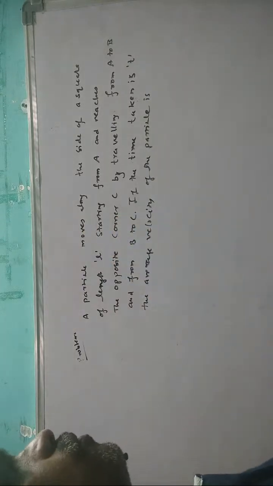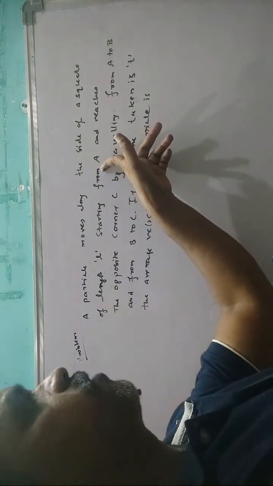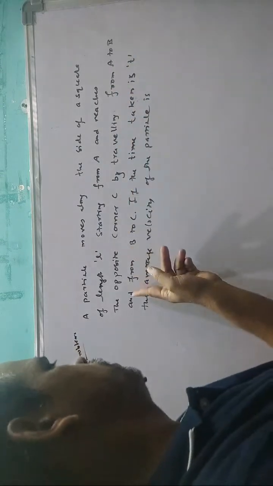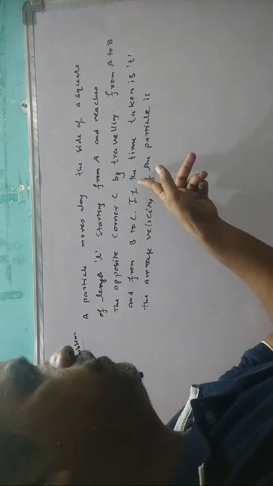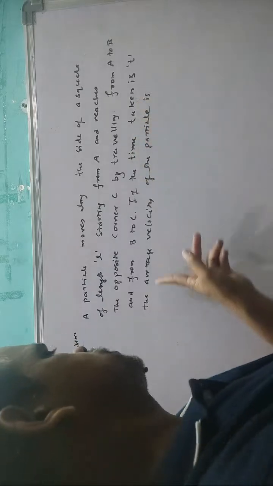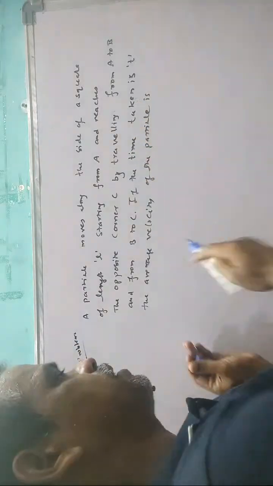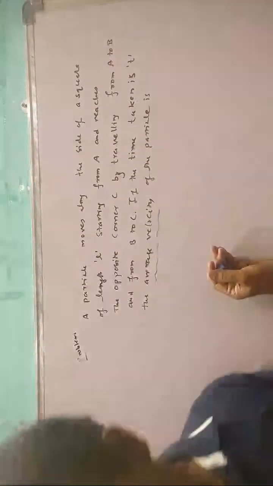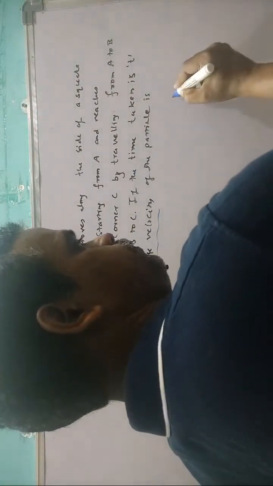So here a particle moves along the side of a square of length L starting from A and reaches opposite corner C by traveling from A to B and from B to C. If the time taken is T, the average velocity of the particle is. This is the square.